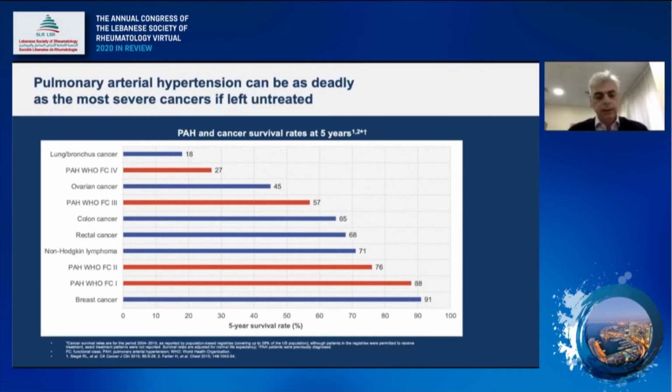So keep in mind that pulmonary arterial hypertension can be as bad as cancer as far as mortality. Detecting it will lead to improved mortality.